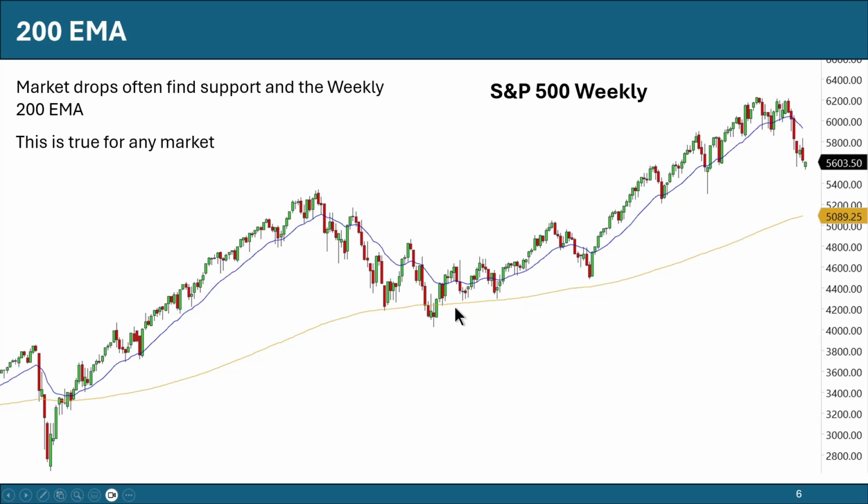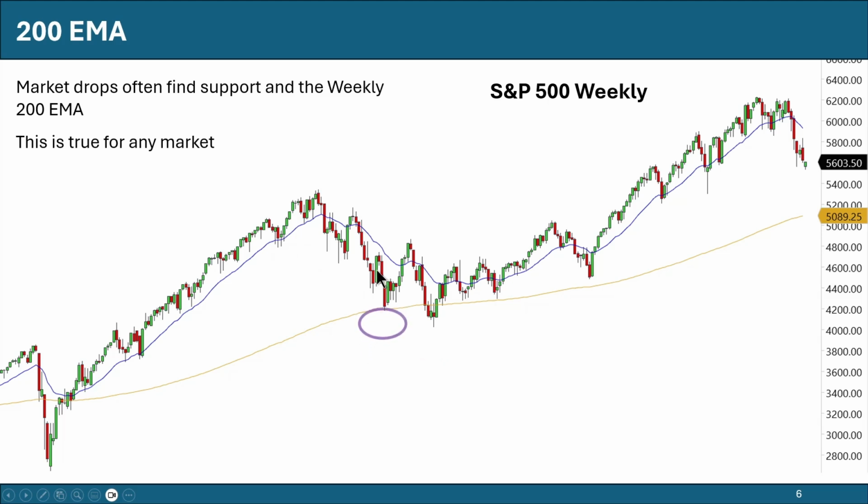And this is true for any market, whether it's stocks, commodities, futures, Forex. You can study your own charts, and you'll see this happening. Once again, I think this happens because traders, computers, investors, hedge funds, they're all looking for ways to buy the dip. And we know that the moving average acts as support.